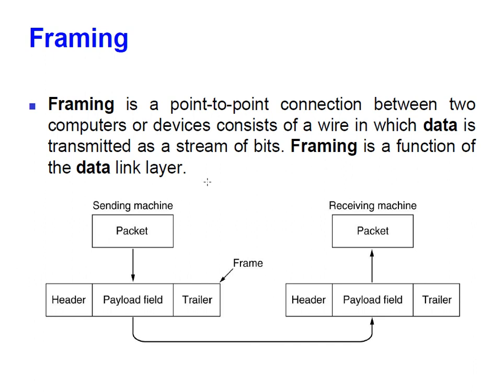And not only that, these bits which are put under frame condition have a certain block of information. So what is that block? You can see that a packet from the network layer, when it comes to the data link layer, has a payload field, which is where the framing takes place, with a header and a trailer.